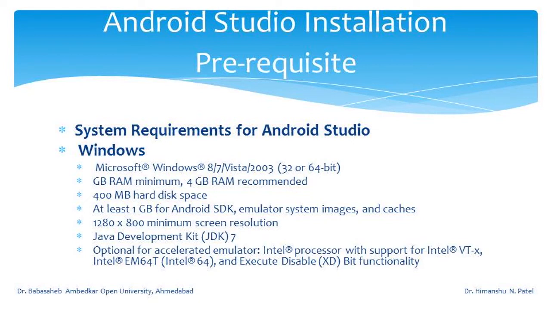You also require Java Development Kit or JDK 7 and above, and an Intel processor with support for Intel VT-x, Intel EM64T and execute disable bit functionality, but these requirements are optional. So, in order to install Android Studio, you should have a system with this minimum requirement.